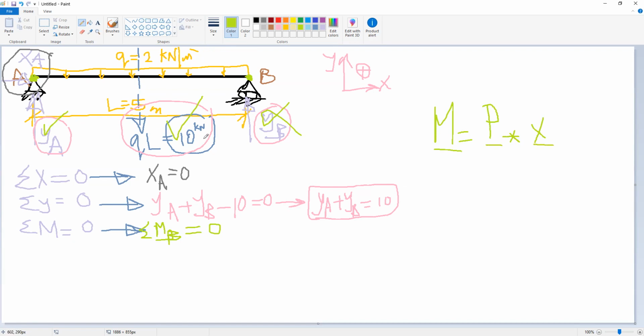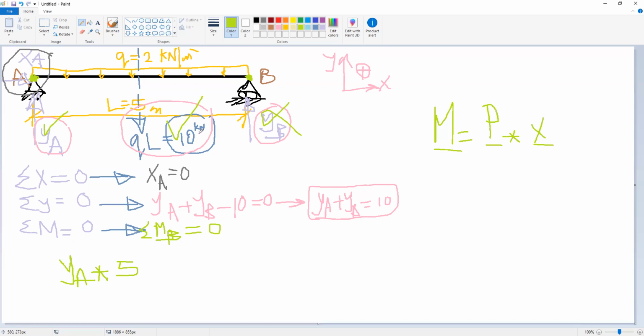So any moment equals force multiplied by distance. Okay, so what causes moment at B? We say 10 and YA. For YA, YA multiplied by the distance from B. How much is the distance from YA to B? 5 meters. So YA multiplied by 5. And for 10, where is this force applied?